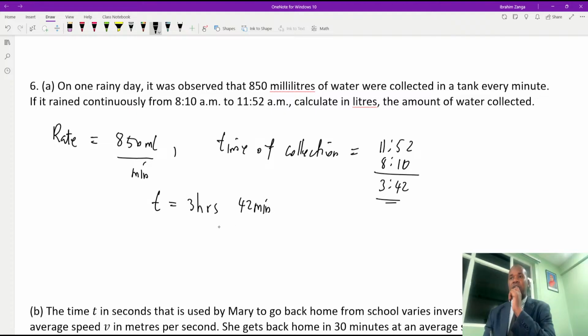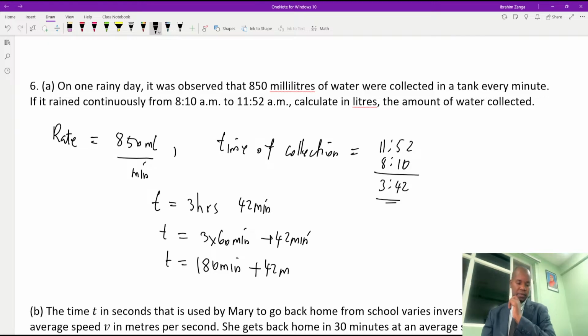And you're going to convert them into minutes. So actually time will be 3 times 60, now it is in minutes, plus 42 minutes. When you multiply 3 times 60, you have 180 minutes plus 42 minutes.